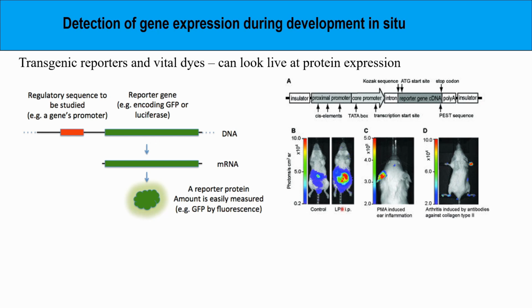And this is an example of that, is it? No, this is still a more complex version of an exogenous construct being put into an animal. And then we can have a look at the reporter here. I think it's luciferase in the animal while it's alive.